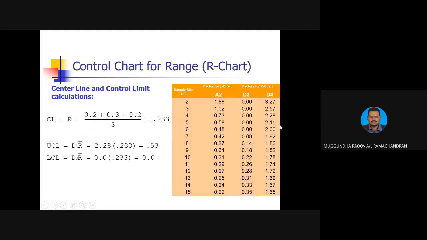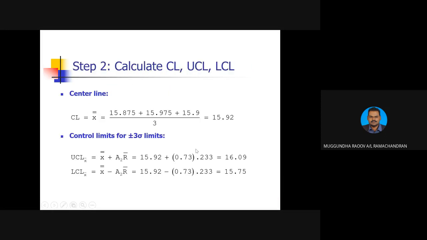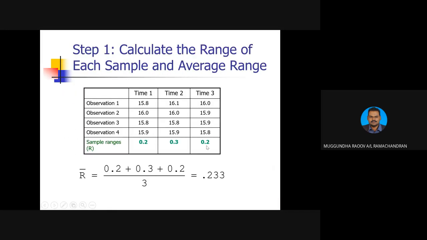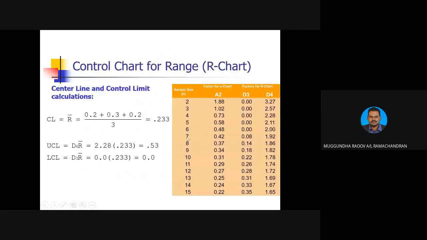Let's move on to the control chart for R. For the R chart, the central line is the mean of R, which is 0.233.